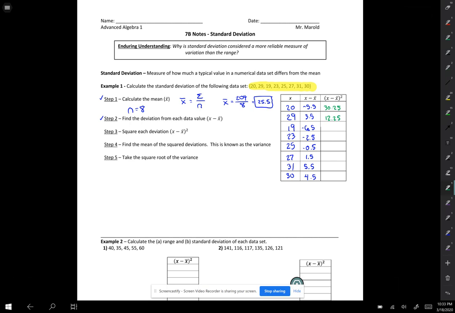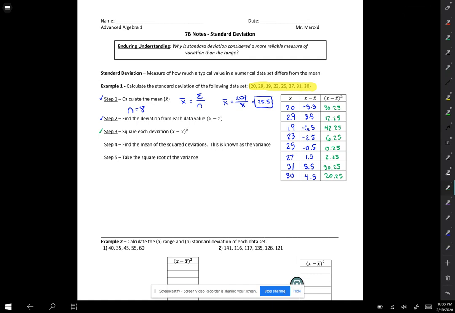Negative 6.5 squared is 42.25. So that's step 3. We're squaring all the values from column 2.